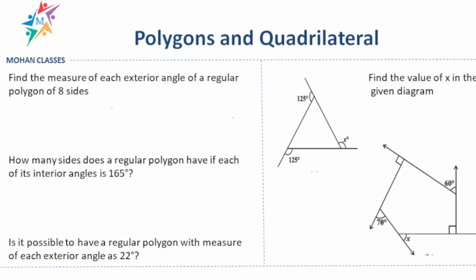Find the measure of each exterior angle of a regular polygon of 8 sides. What did we read?